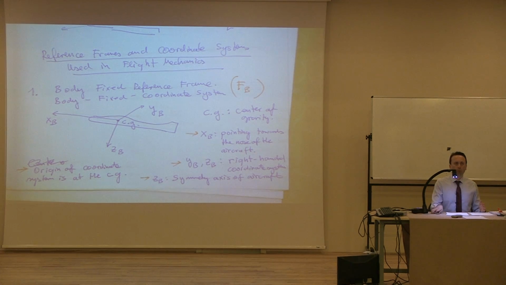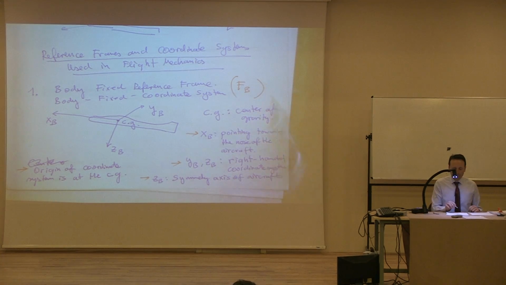So from an observer on the airplane, you are observing the world, the airplane, the stars, whatever. So that reference frame is not particularly useful. However, the body fixed coordinate system that we attach on that reference frame is of big importance. So we attach the coordinate system to the airplane and we call it the body fixed coordinate system.